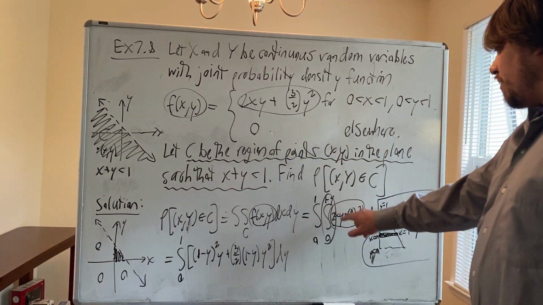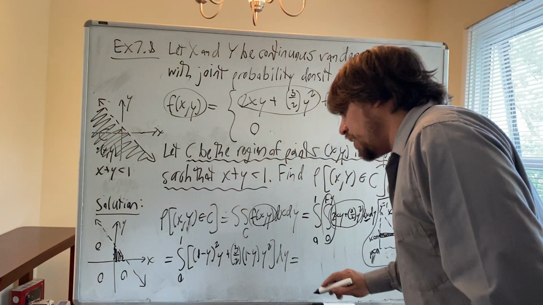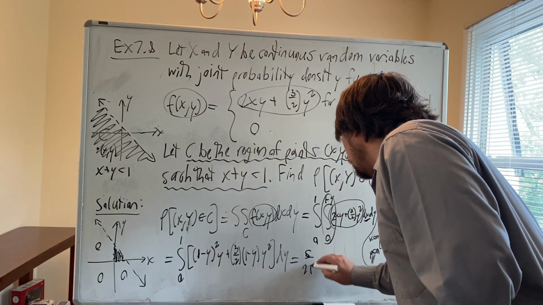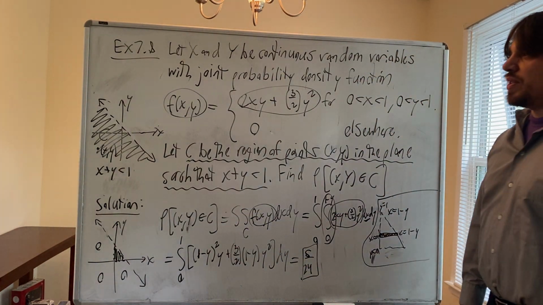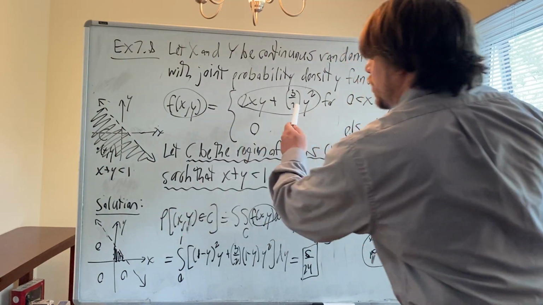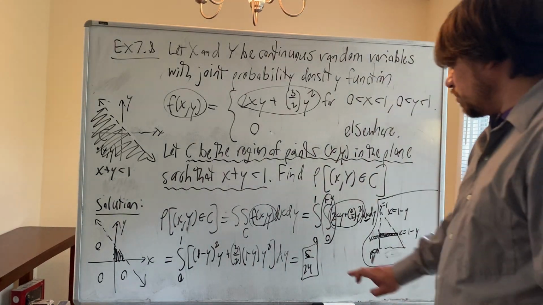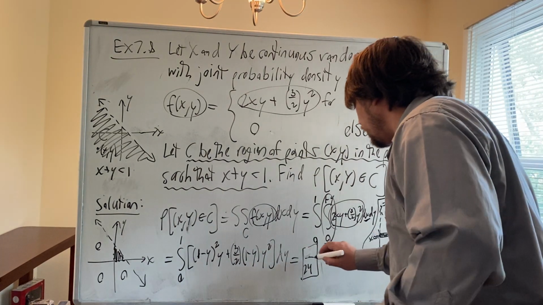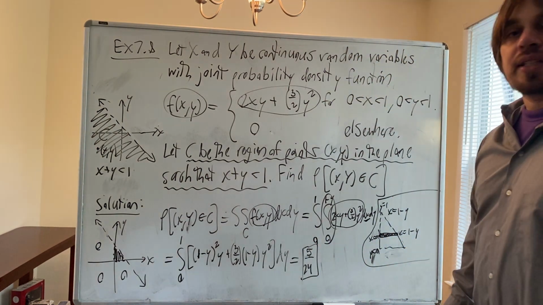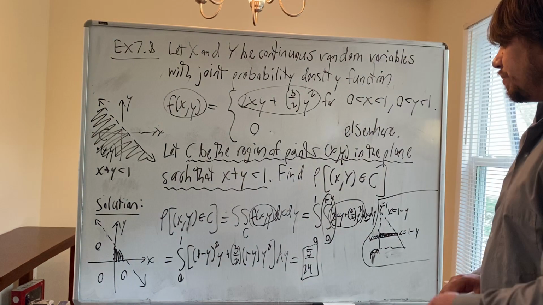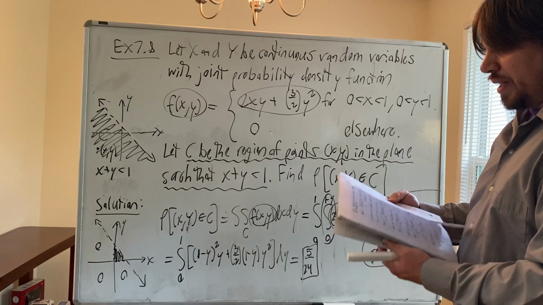When you compute the definite integral on the inside, you get this, and now you integrate that from 0 to 1, and what you get is 5/24. So the probability that x comma y is in that region C with this joint probability density function is 5/24. Okay, 5/24. And so that's that probability. So that's the solution to example 7.8.